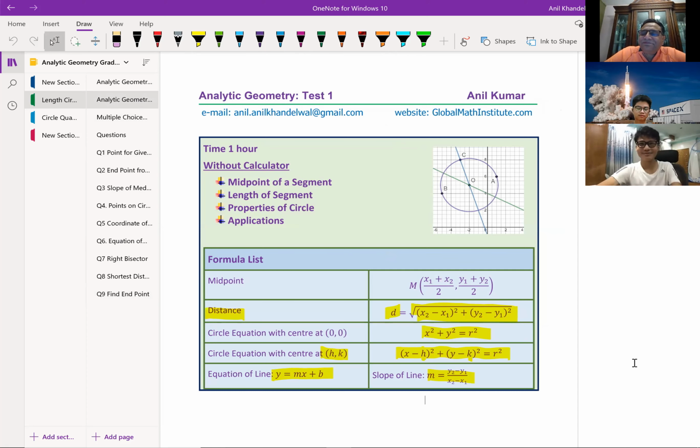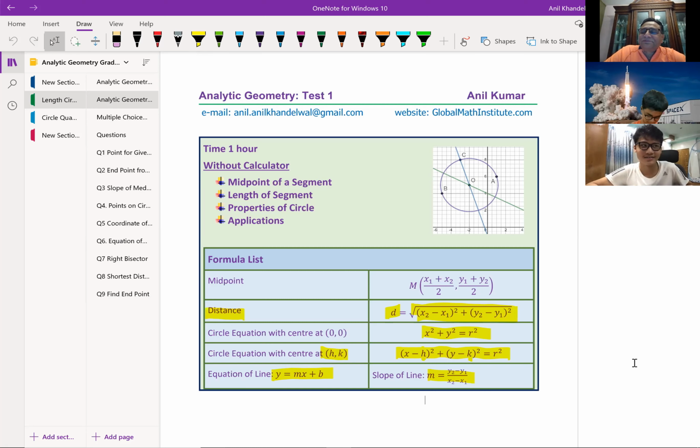Sure. Today we learned everything related to the midpoint of a segment, length of a segment, and property of a circle, and some applications. My favorite problem, I would say, is question six, which has lots of processes to approach and find, and it is really fun to do such problems.